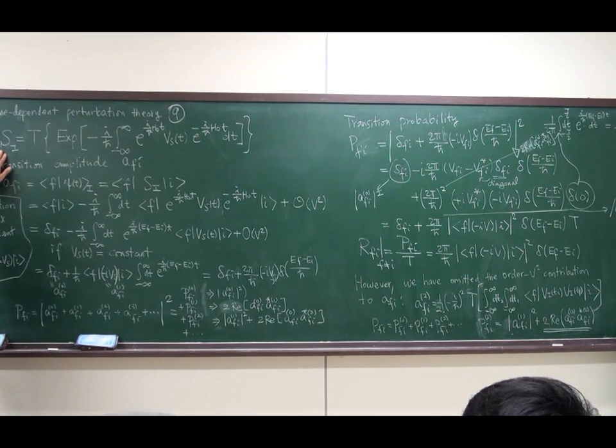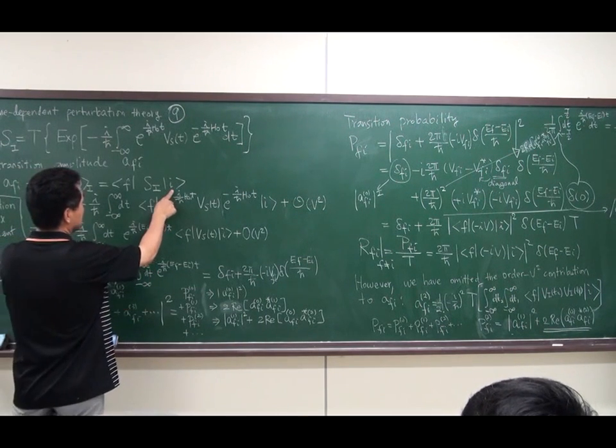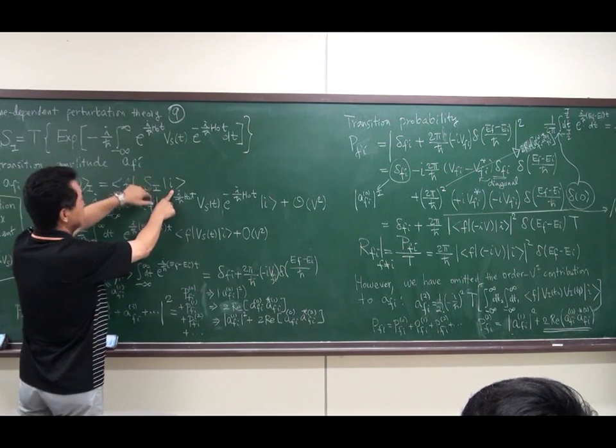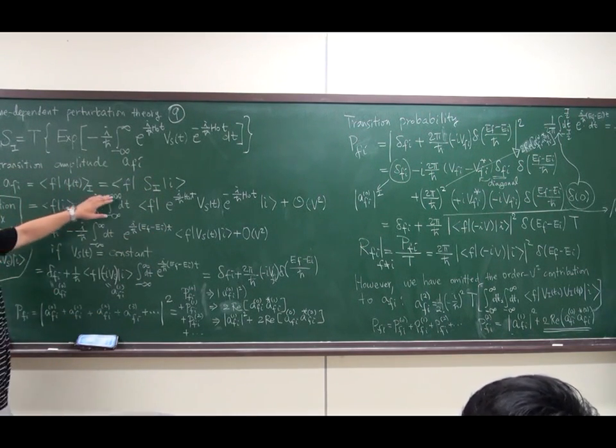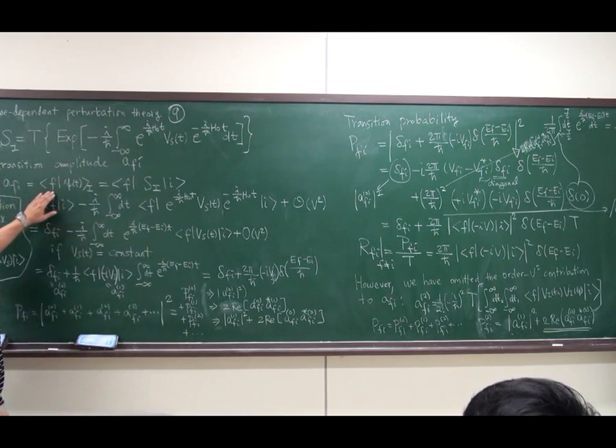The S matrix includes all possible transitions from state I to state F. After sandwiching that matrix by the initial and final state, the answer is the final state projection onto the wave function at time t in the interaction picture.